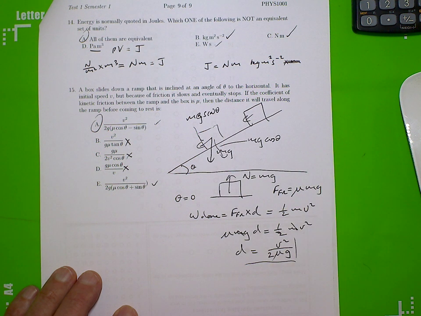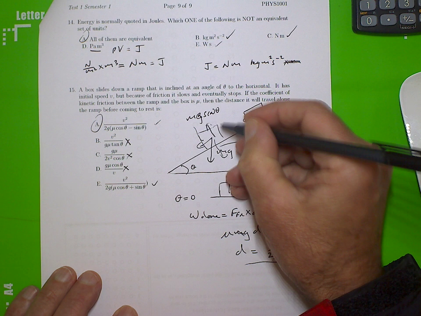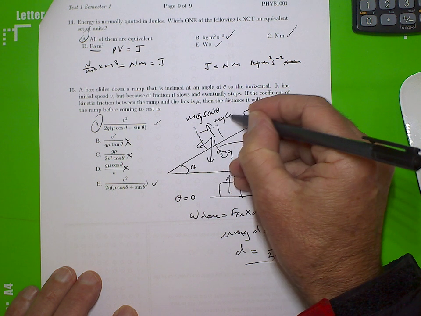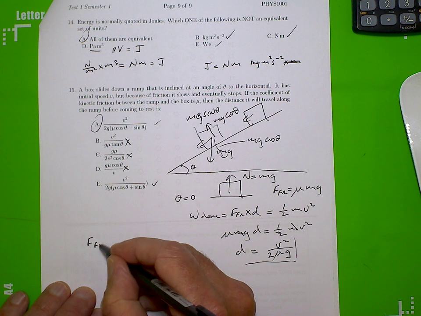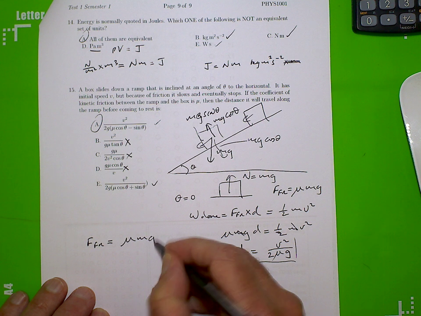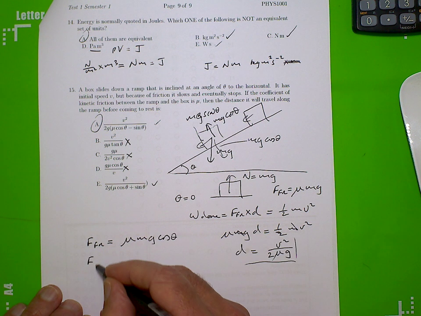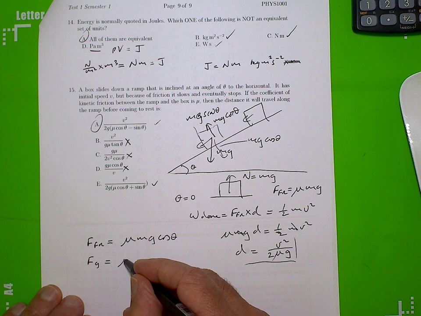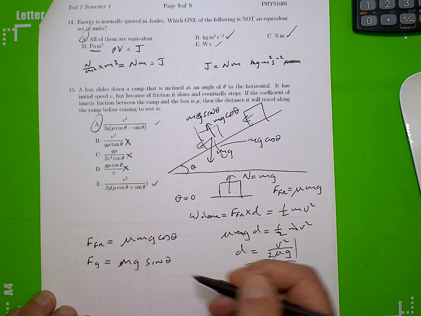If we draw the normal force there, mg cos theta, then the frictional force is equal to mu mg cos theta, and the gravitational force is going to be mg sine theta.